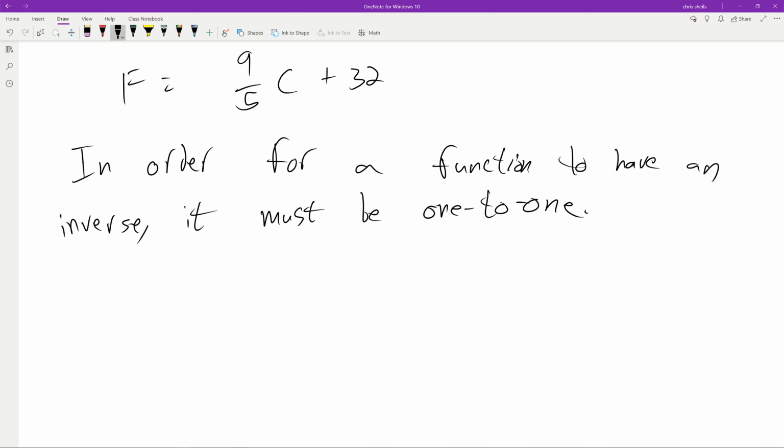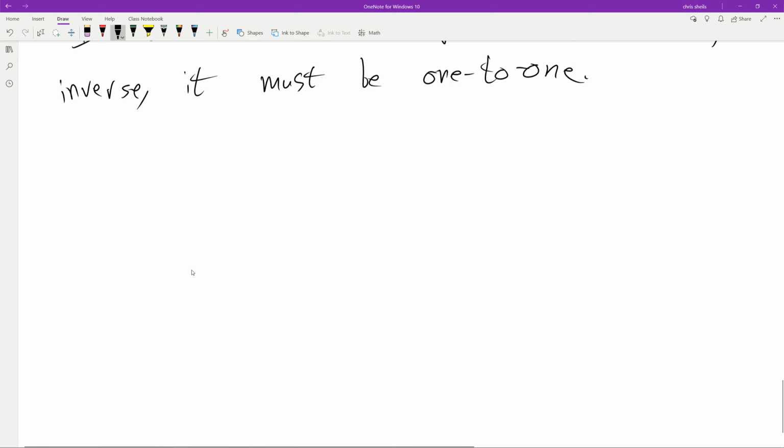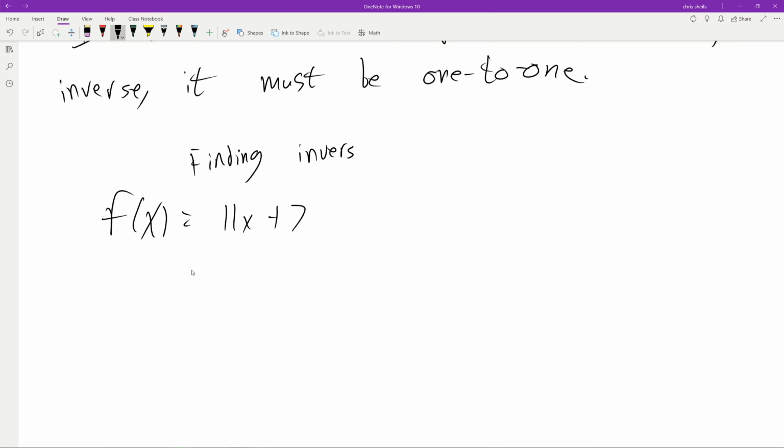Let's look at some examples on how to find inverse functions. We have some pretty simple ones here. So let's look at, say, f of x equals 11x plus 7. In order to find inverse functions, what I find easiest to do is to follow this process.